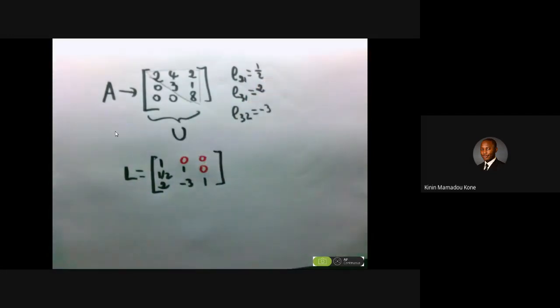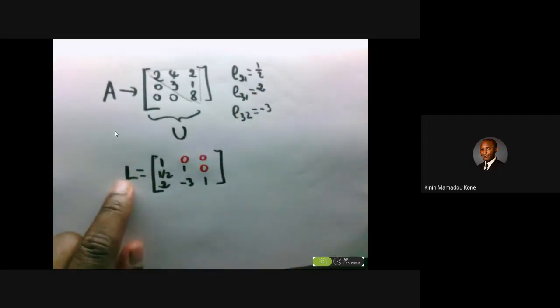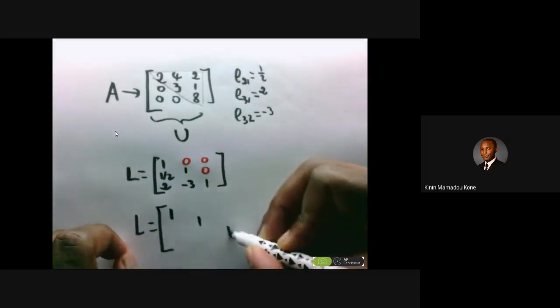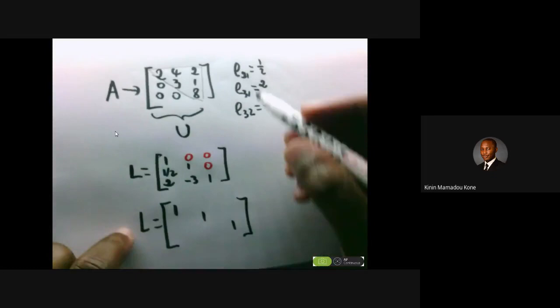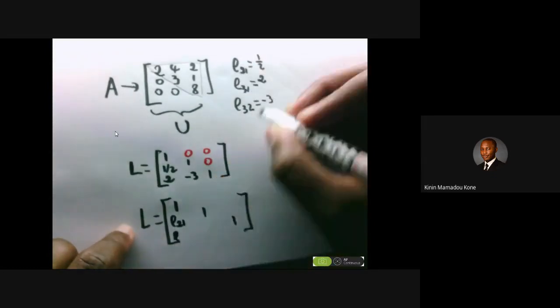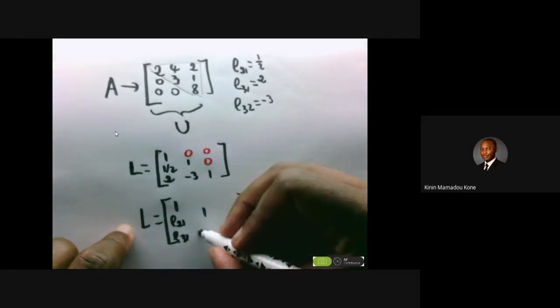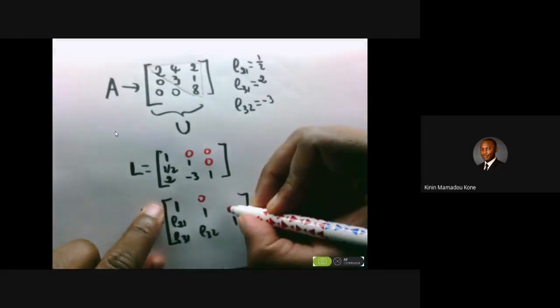So the way I construct this L matrix is I put 1 in the diagonals, and then I copy the stored coefficients L21, L31, L32, and everywhere else is going to be 0.